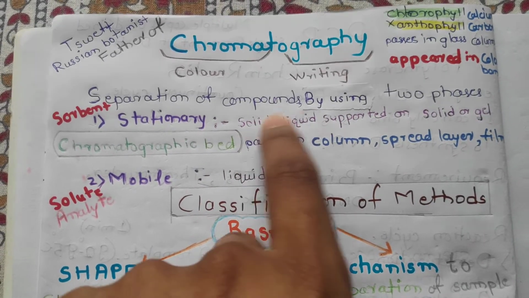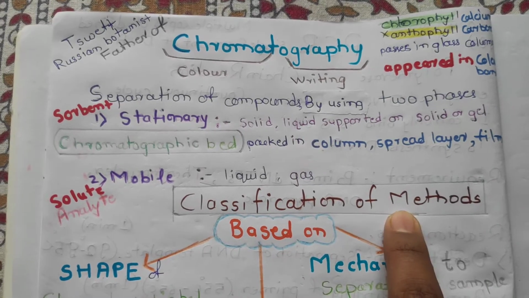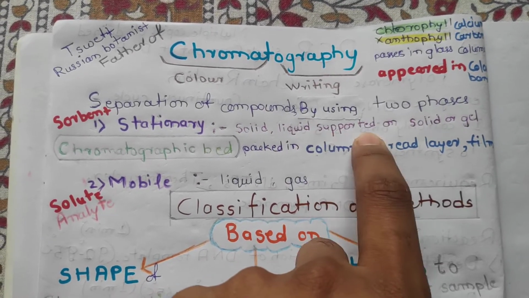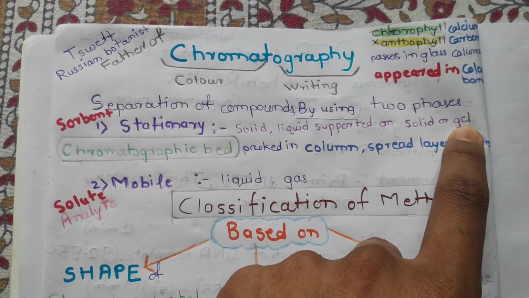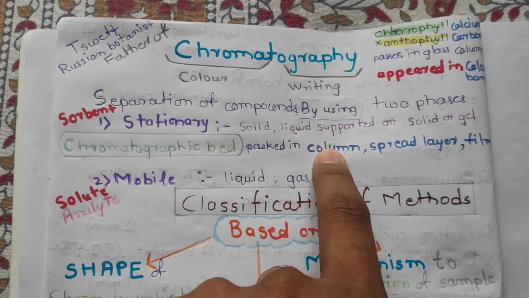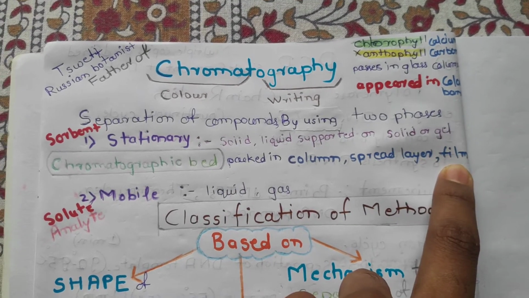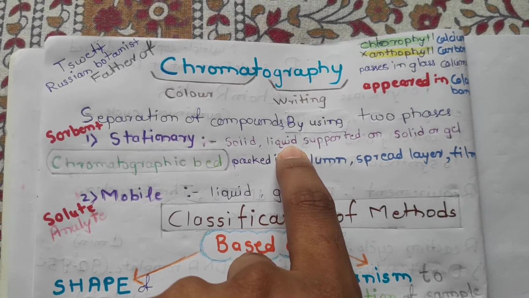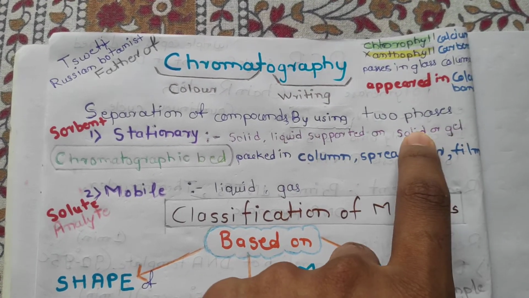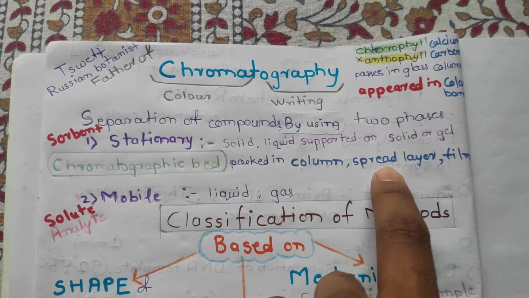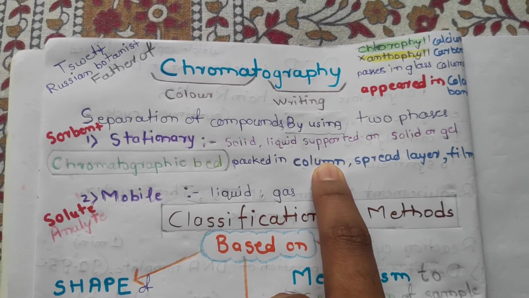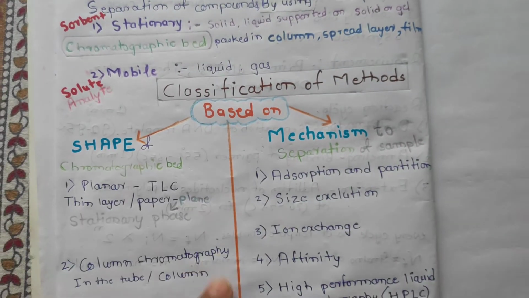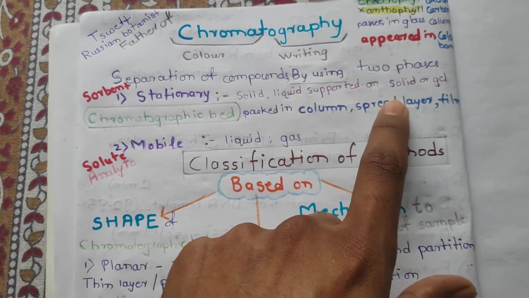It can be solid or liquid, depending on the methods, either supported on a solid or gel surface, and which can be packed in a column, spread as a layer, or as a film. These are the different types of methods.